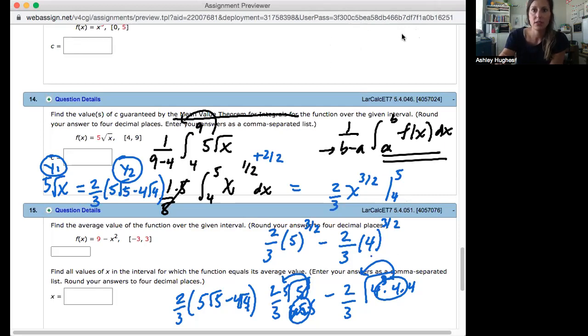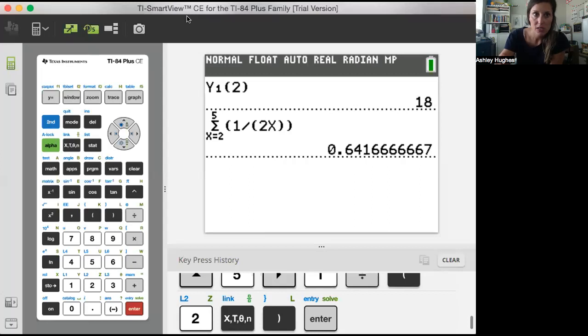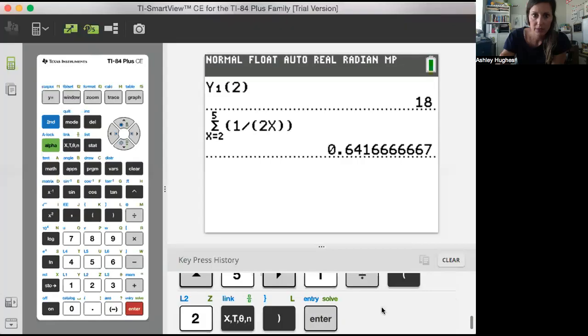Trying to see if it's going to share. I don't know, guys.